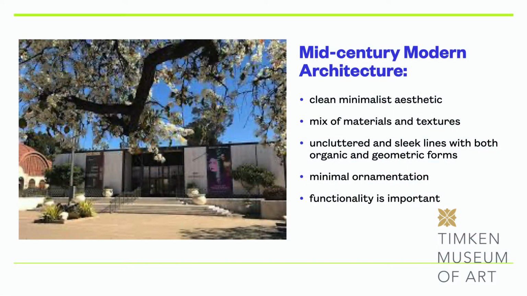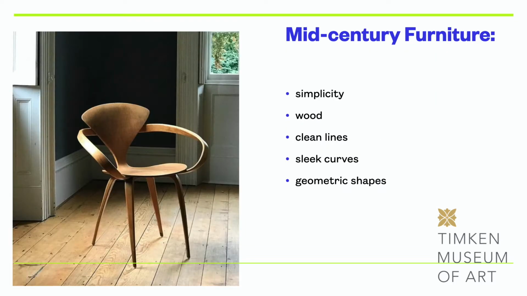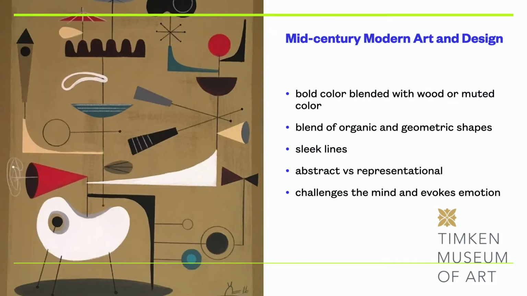Unlike many other art movements, mid-century modern art was not only evidenced in fine art, but also in architecture and furniture design of the time. Sleek lines, uncluttered decoration with pairings of organic and geometric shapes defined this period in art. And it continues today to be highly valued and popular.